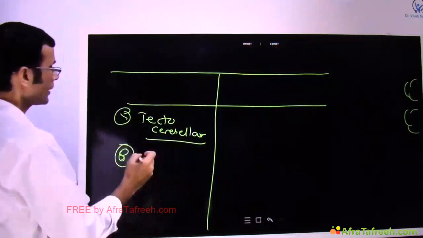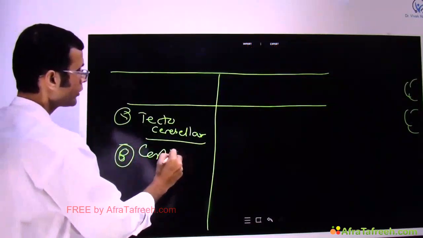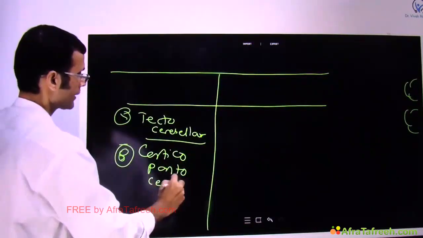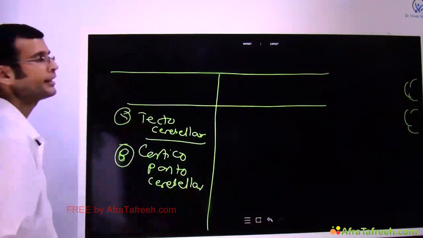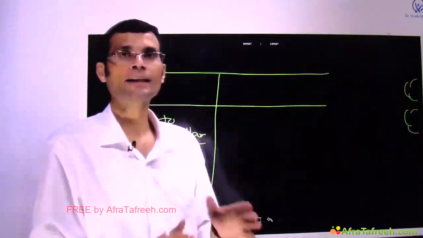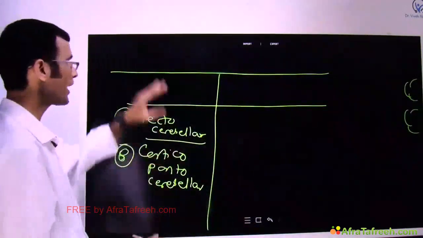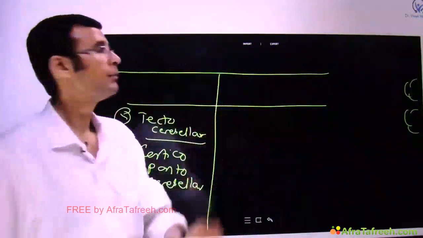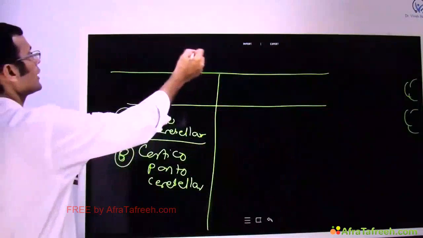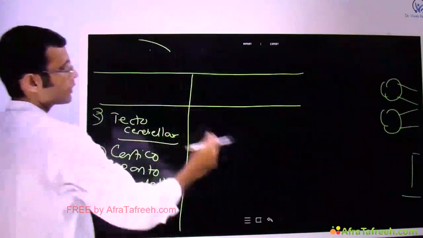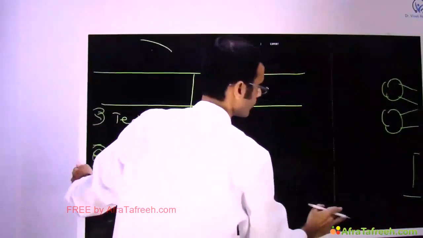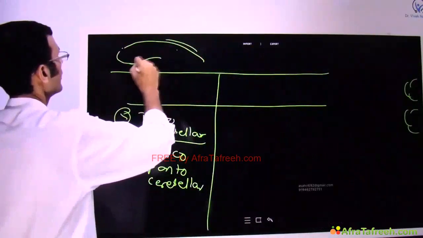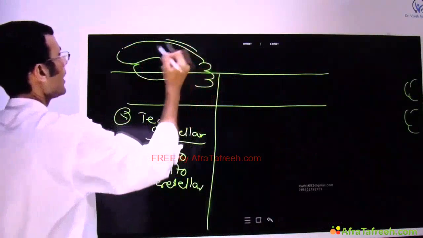Next is the cortico-pontocerebellar tract. This is the longest tract in the brain, because cortico means motor cortex, the motor cortex in the frontal lobe, and the cerebellum is a part of the hindbrain.